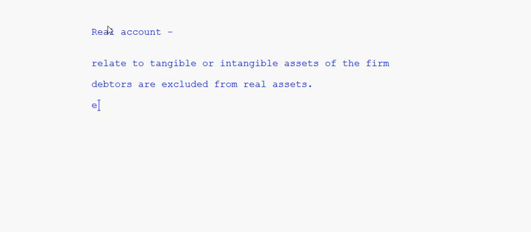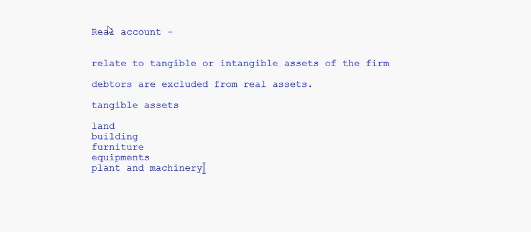So I'll put down something like tangible assets example here: land, building, furniture, equipments, plant and machinery, right? Here you will have this stock also, stock of goods, right?